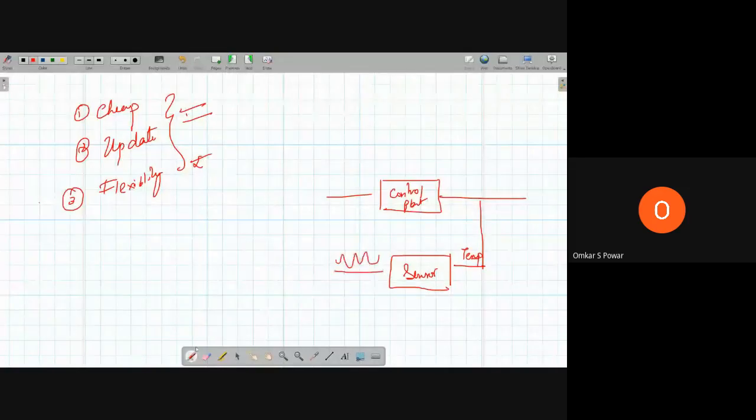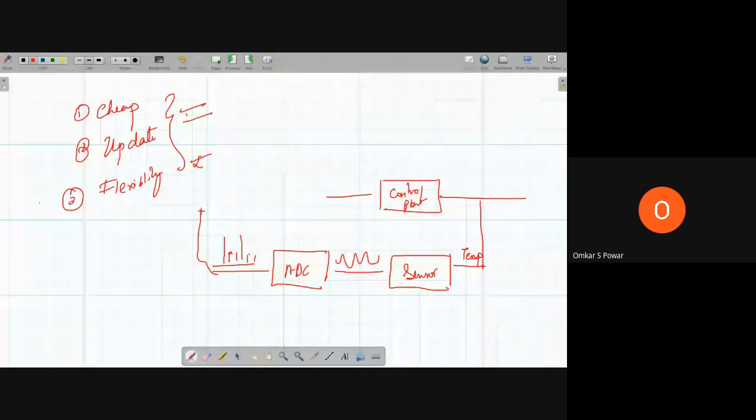So you need to convert it into digital with the help of this ADC. The ADC will convert this analog signal into a digital signal, and then where the Z transform comes in is here in your control algorithm. Then again you convert your digital to analog and give it to your control plant.